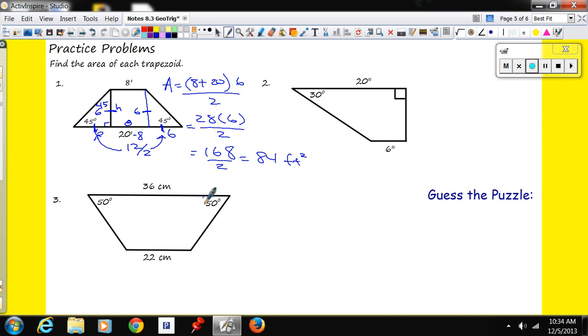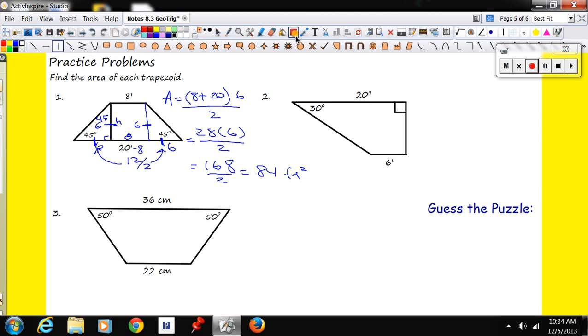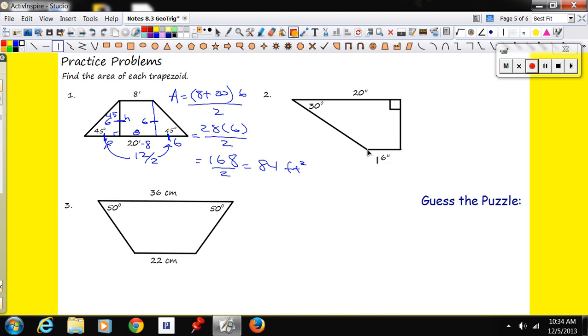So sometimes we have to work for the height. And normally you can always bring down a right angle, so you got your right triangle that you can figure it out. It's the same scenario for this one.